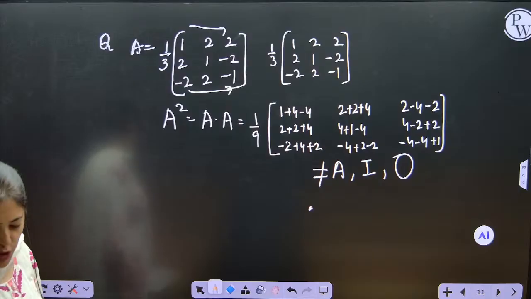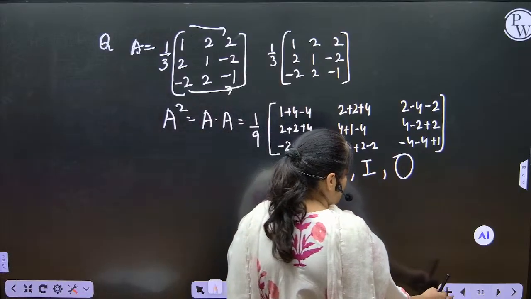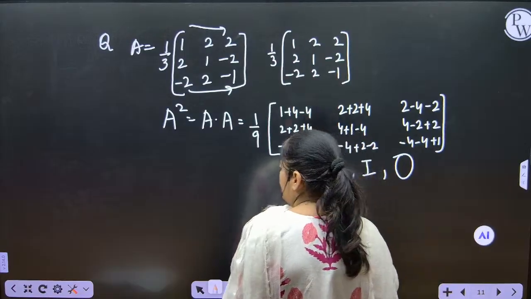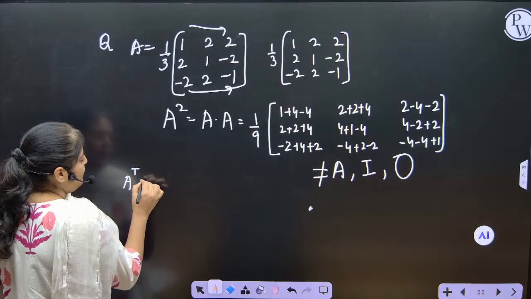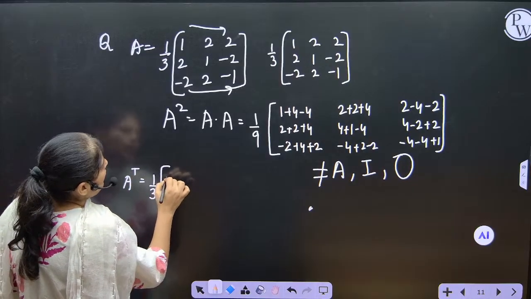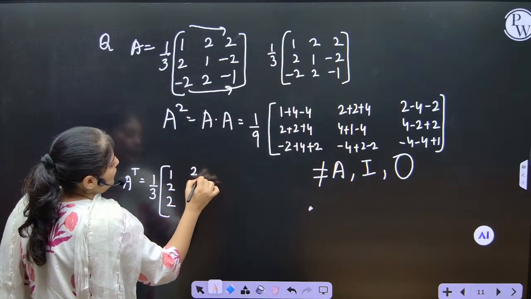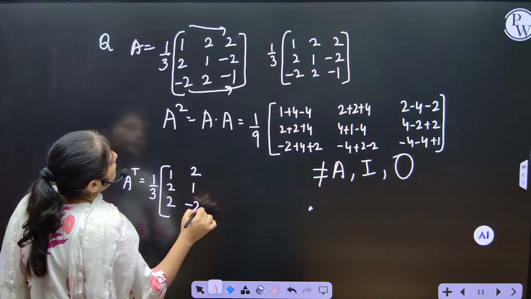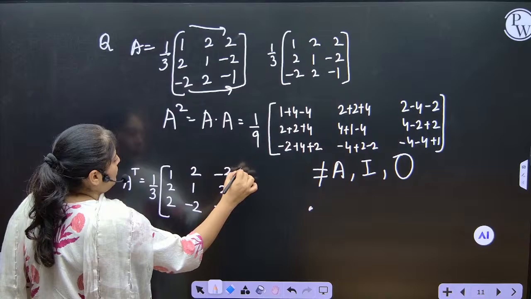Now if I do A into A transpose, shall I do it here only? A transpose, if we find, 1 by 3 as it is, the first row will become the first column, the second row will become the second column, the third row will become the third column.